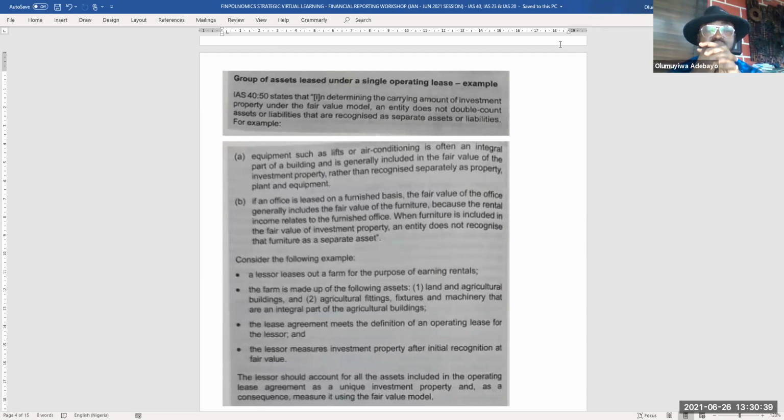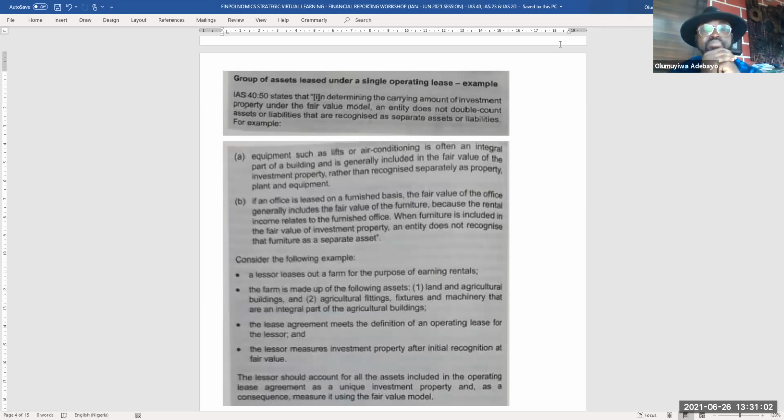And in that situation, when you fair value the investment property, you are not just fair valuing the property as a standalone, but you are fair valuing other component parts that make it satisfy that condition of investment property. And in that situation, they will be fair valued as a whole. Okay, and that is that.